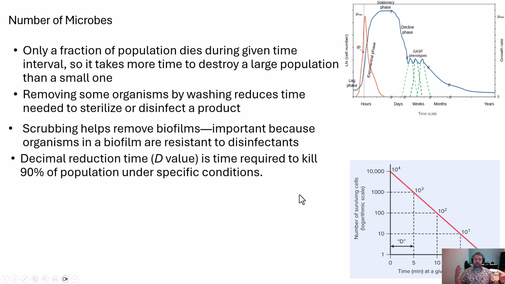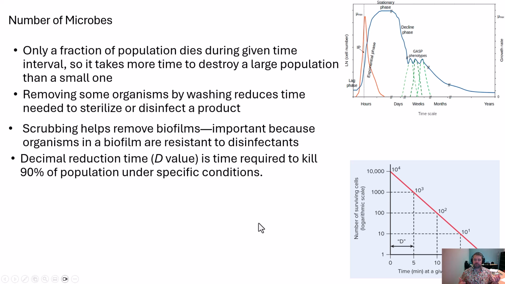And so we'll come back and talk a little bit about this, but often we can compare different things. So maybe we're comparing different temperatures in, say, an autoclave. And so maybe we're comparing how does 110 degrees Celsius work versus 115 versus 120 versus 125. And so we might have a D value for each one of those temperatures, and we can see how much time it took for us to get that D value, that 90% reduction.